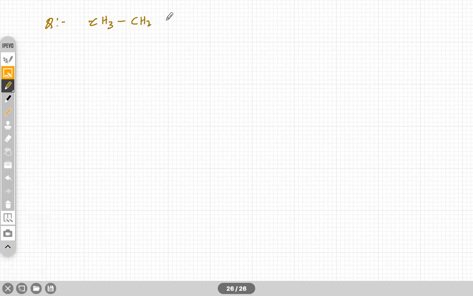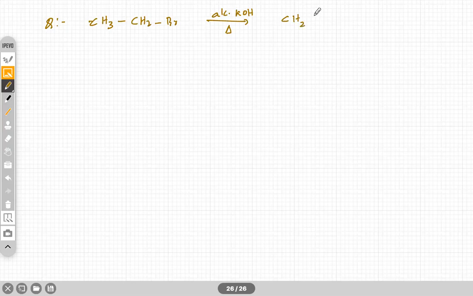CH3CH2Br with alcoholic KOH, and we are heating it. The product would be CH2 double bond CH2, an alkene, and there's only one product possible here.